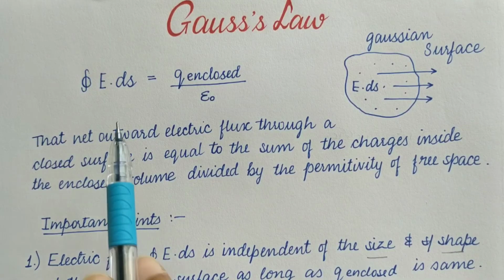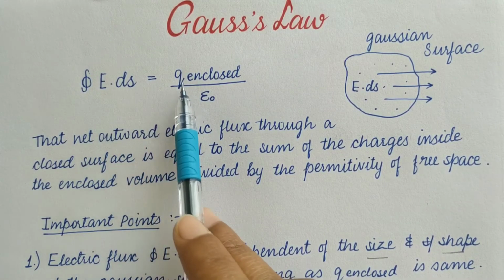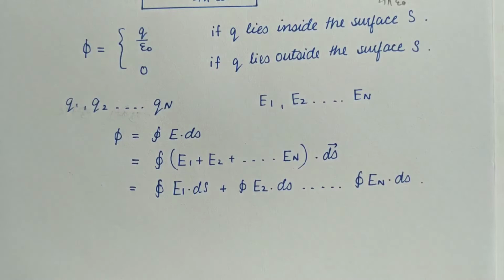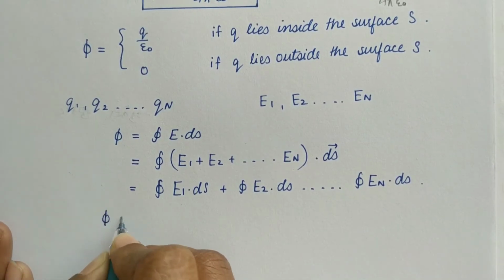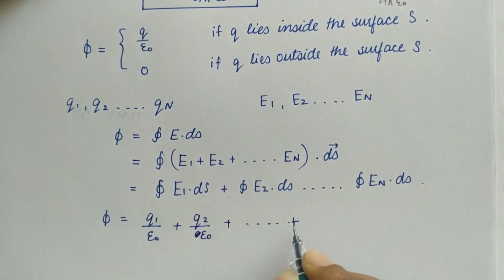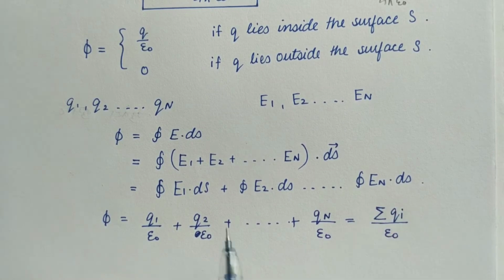So now from the Gauss law, E dot ds gives q upon epsilon naught. So we'll write phi as, we can write these terms as q1 divided by epsilon naught, q2 divided by epsilon naught and so on till qn divided by epsilon naught.